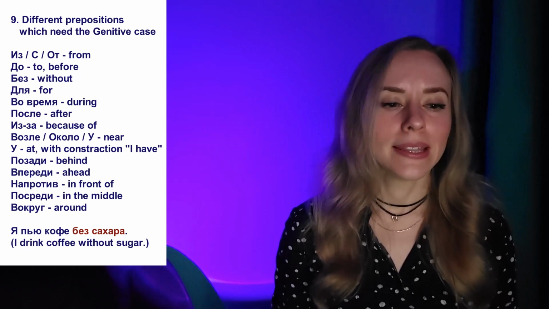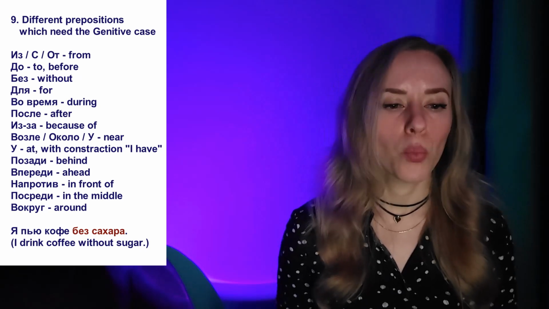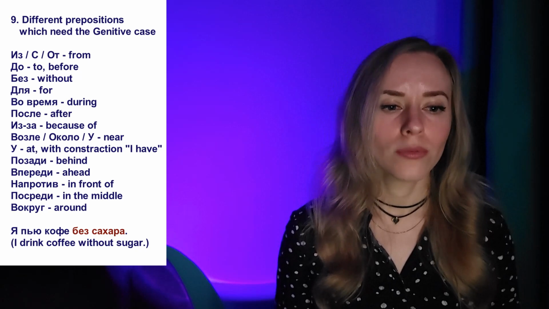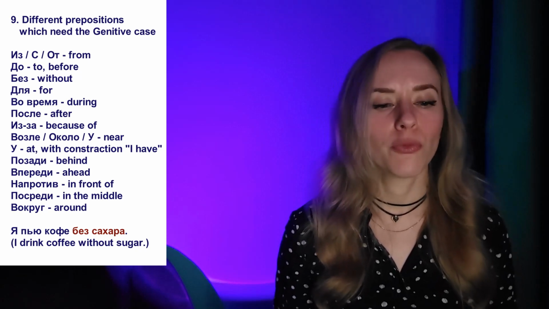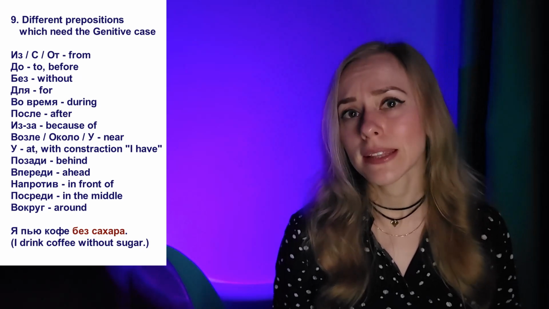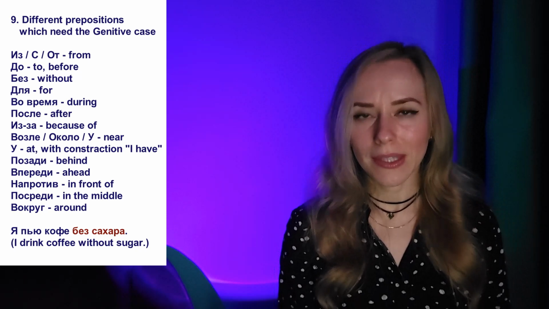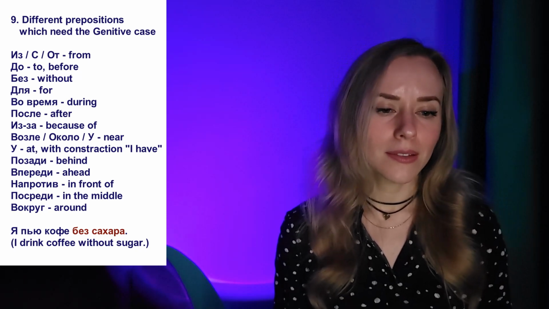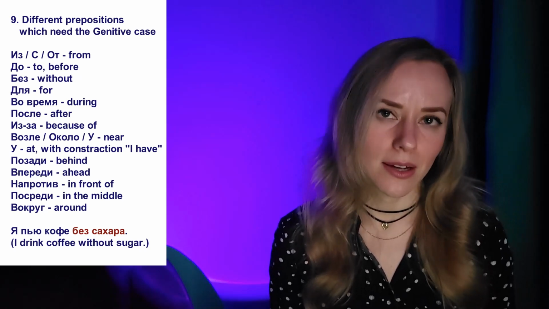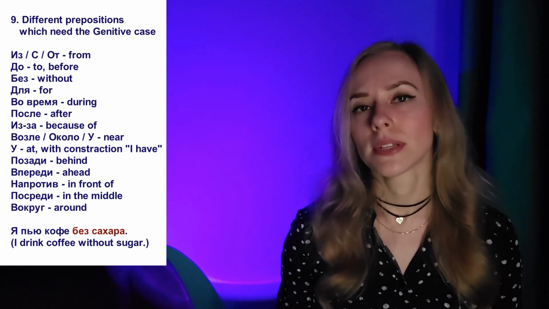Also без, для, во время, после, из-за, возле, около, у, позади, впереди, напротив, посреди, вокруг, and some more you can meet in your practice. And one example. Я пью кофе без сахара. Без сахара. Сахар in this situation has the ending of the genitive case.